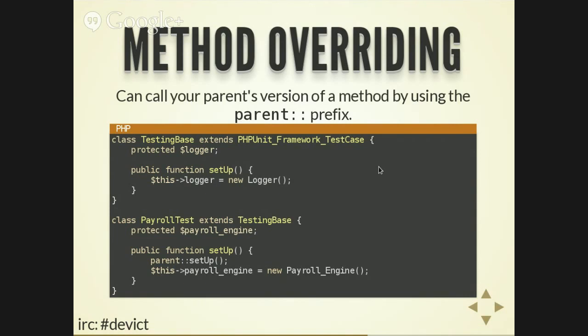So setup is a method that gets called at the beginning of a test. If you extend my TestingBase, the first thing that's going to happen is we're going to go ahead and instantiate this logger so that I can make it available during my test run. And for most of my tests for my application, I use this TestingBase, and everything's great.